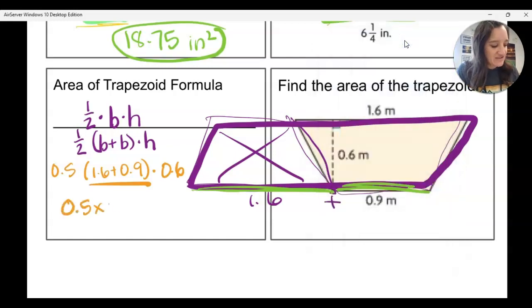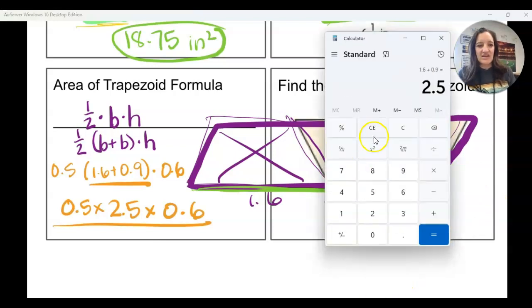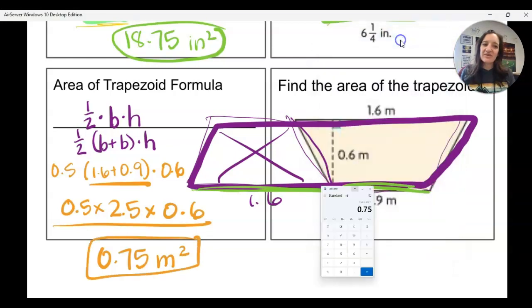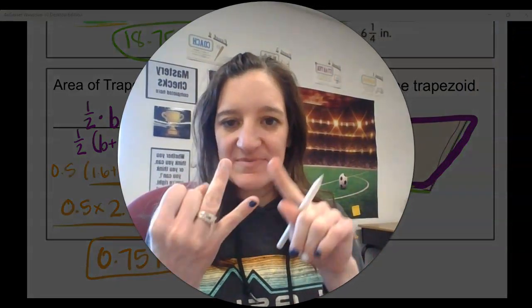And then I can just put the rest of this in the calculator because it's all times. And that will give me 0.5 times 2.5 times 0.6 equals 0.75 meters squared.